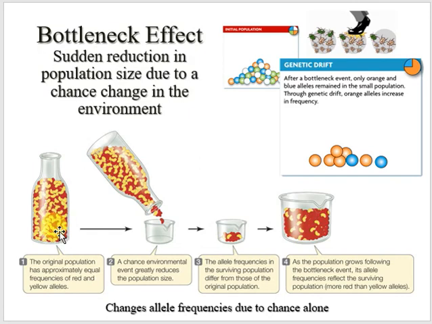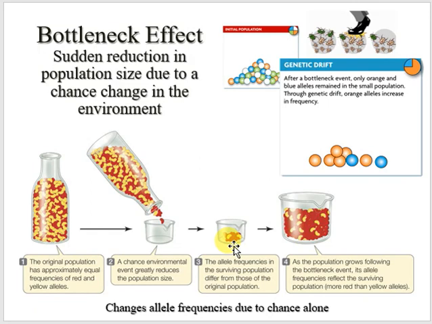Here's your original population. Some event happens, maybe an environmental change or a natural disaster, that greatly reduces the size of the population. Right? So only some individuals from this population will go on to survive or form a new population.